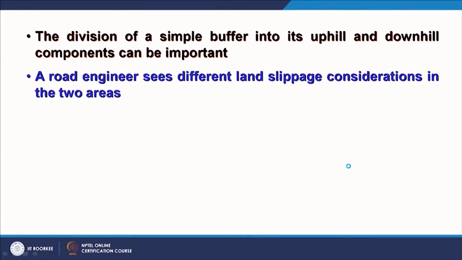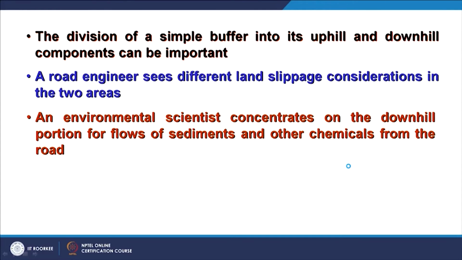Civil engineers related to transportation engineering would like to understand all this before construction, or during the planning operation. The road engineer sees different land slippage considerations in two areas, that is up and down slope in a hilly terrain.